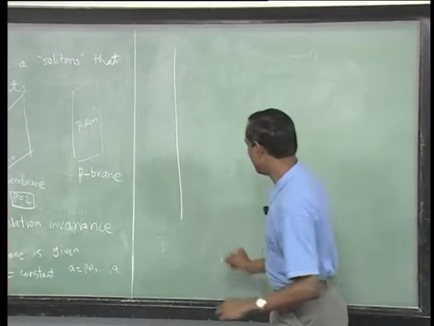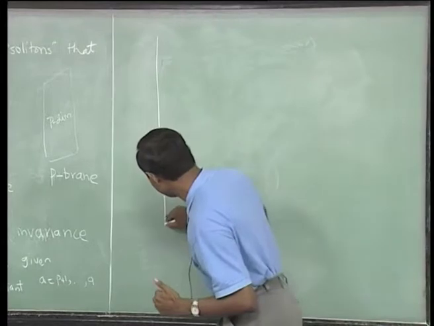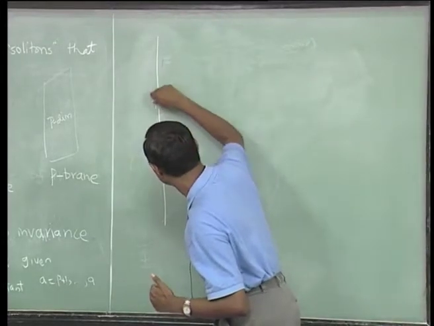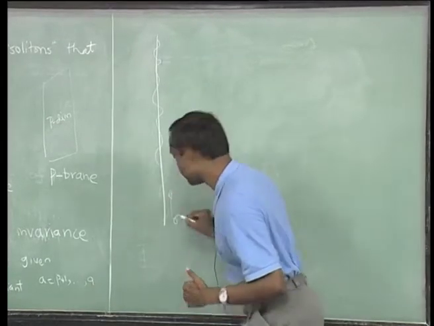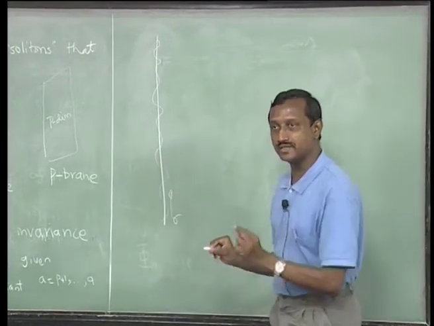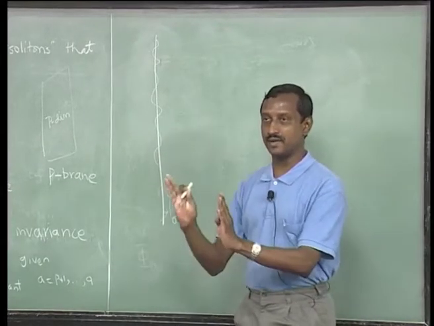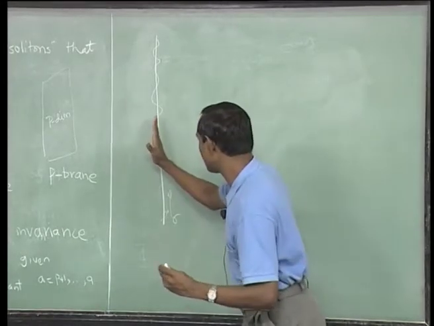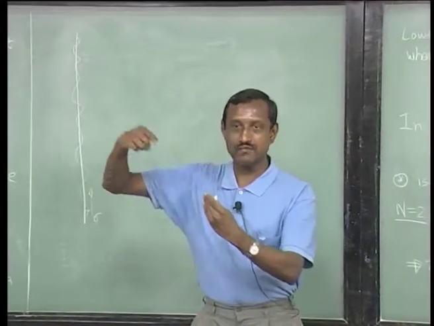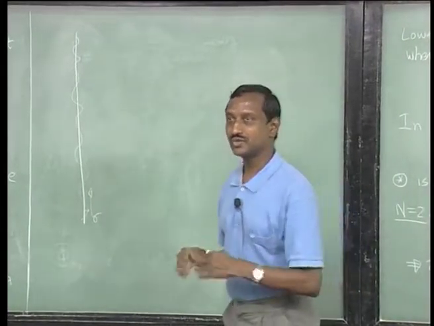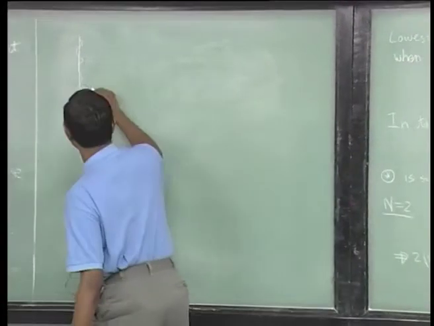But now if I am interested in small fluctuations, I can replace this by something like this. Let us call this direction sigma. So I can discuss fluctuations of this thing. You might think there is one mode obviously which means translate everything equally, but why should I do that? I can do it at every point, I can make it different. So the zero mode is actually a field.